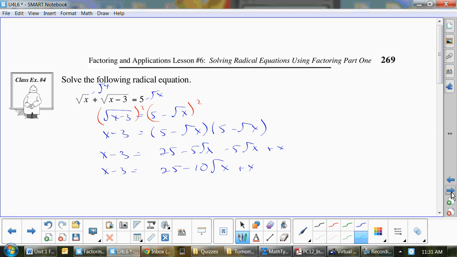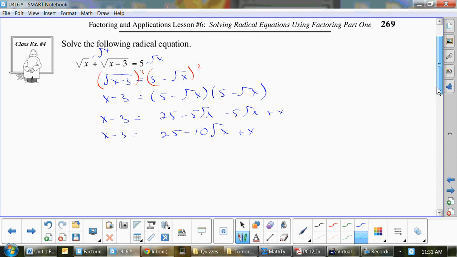What do I do next? Isolate the radical. Okay, so we can leave it on the left. If I put it to the right, it becomes positive. So if I bring that to the right, that would be positive 10 root x, right? I add 10 root x here. And then to get everything on the other side, I'm going to minus x.